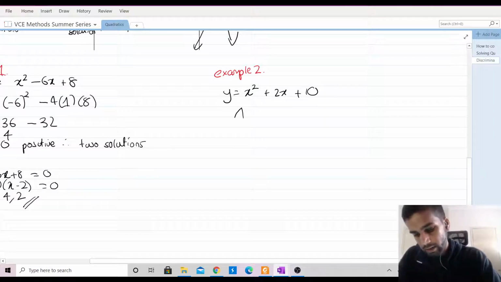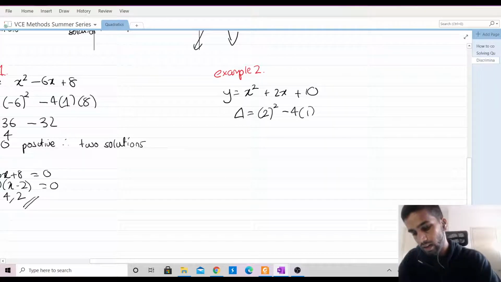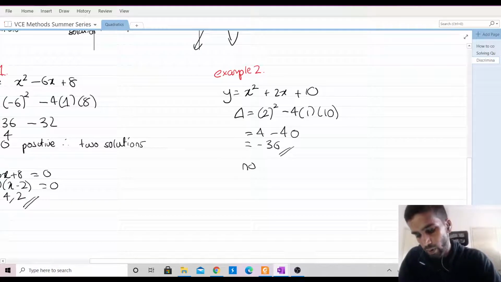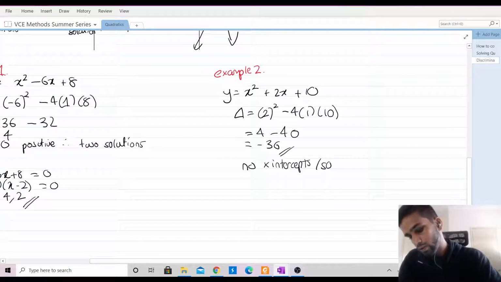In this case, our discriminant is b squared, 2 squared, minus 4 times a times c. That's 4 minus 40, which is negative 36. So in this case, there's no point in us trying to factorize this or use the quadratic formula. The fact that the discriminant is negative means that there are no x-intercepts or solutions.